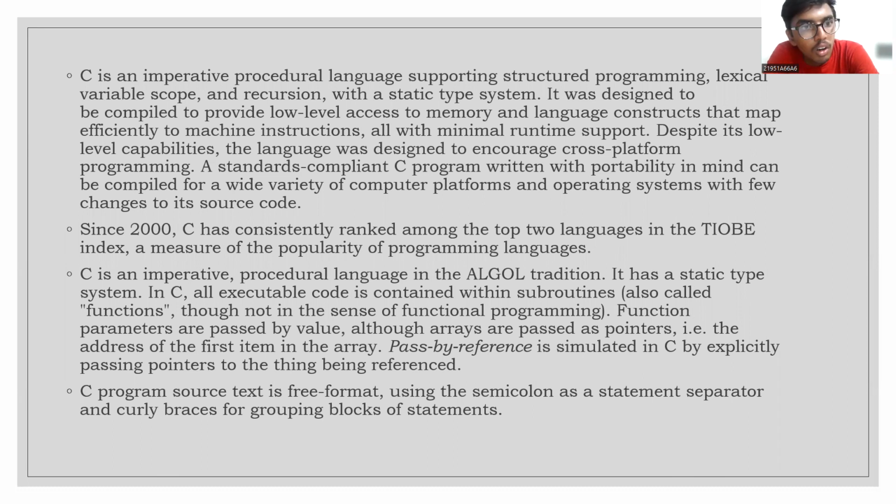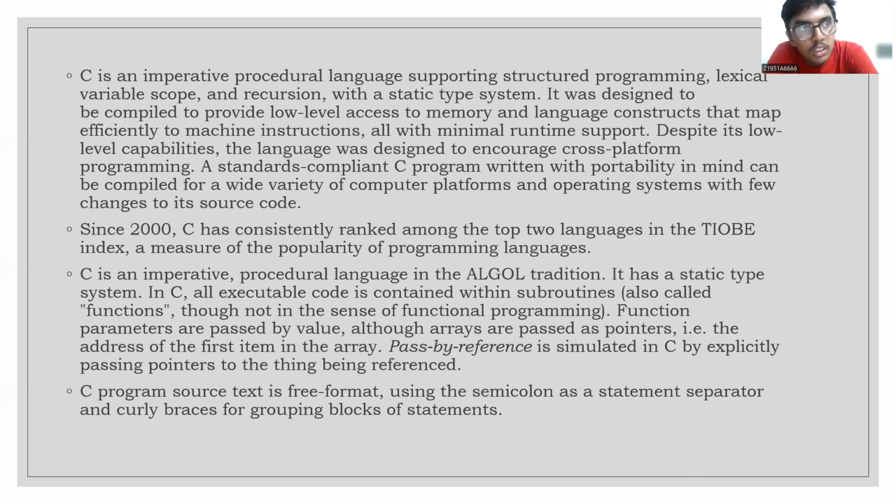Despite its low-level capabilities, the language was designed to encourage cross-platform programming. A standards compliant C program written with portability in mind can be compiled for a wide variety of computer platforms and operating systems with few changes to its source code.